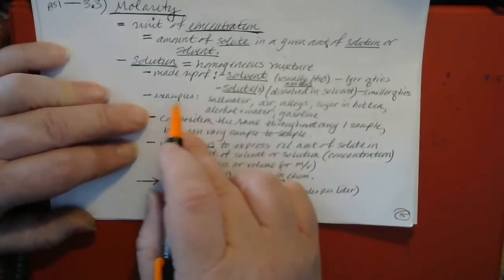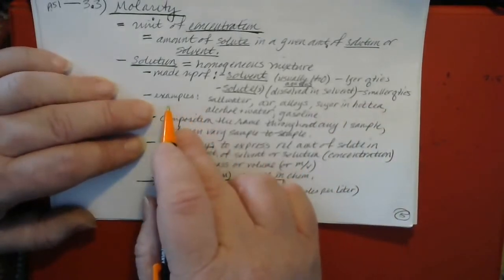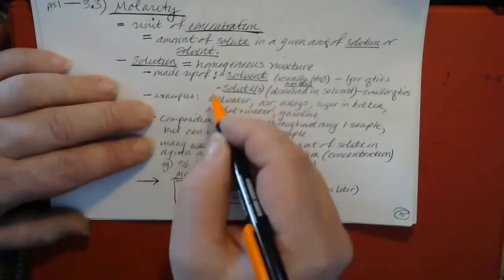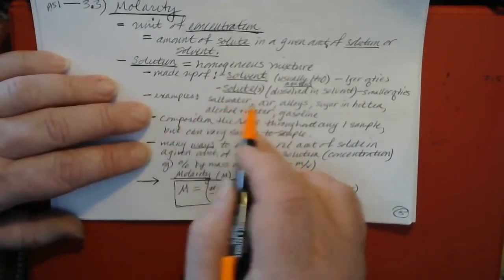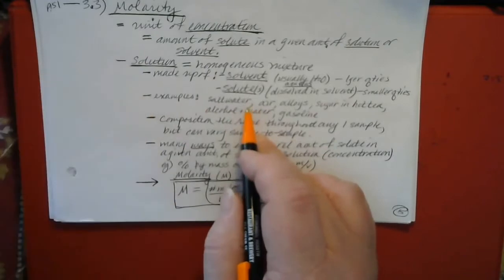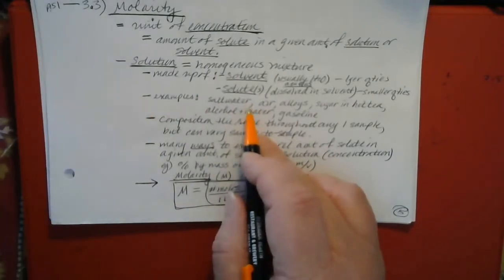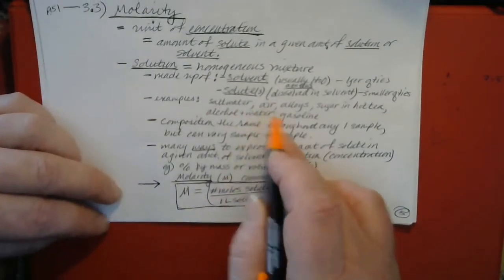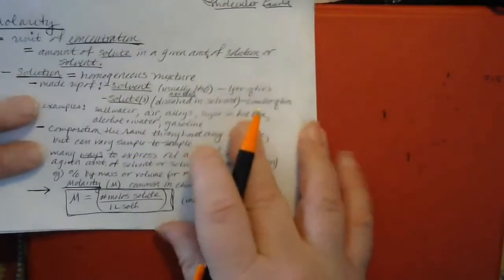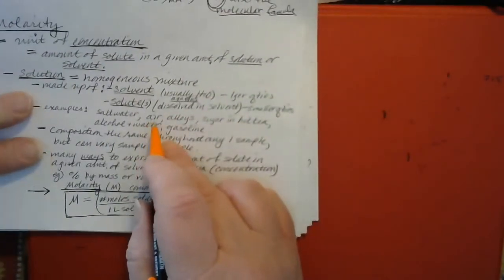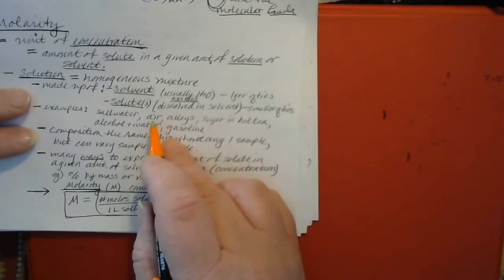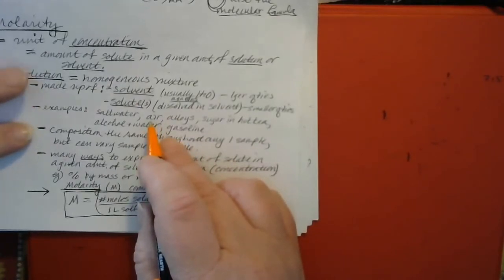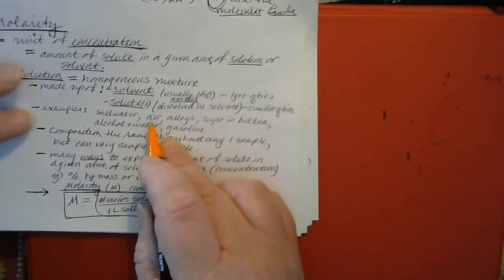And so some examples of homogeneous mixtures or solutions would be, say, salt water, where the salt mixes evenly in the water. Air is an example of a homogeneous mixture, as it turns out, because of the nature of gases, anytime gases mix together, they always mix homogeneously. And so technically that means air is a solution.